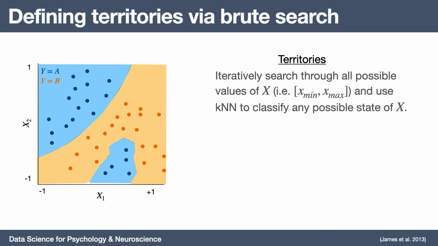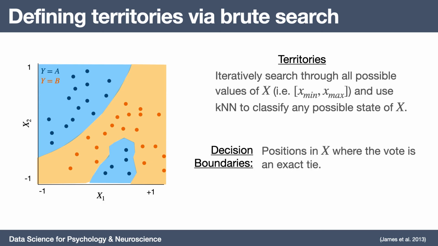So you get a space map that looks like this, where the colored boundaries in the back, the orange and the blue colored territories, are defined by an iterative search, where you just set X to a particular state, run kNN, and say this particular value, if you observe anything in that space, will be Y of state A or B. In this case, your decision boundaries are defined as those points in X space where the vote is an exact tie, or where the vote would hypothetically be an exact tie.